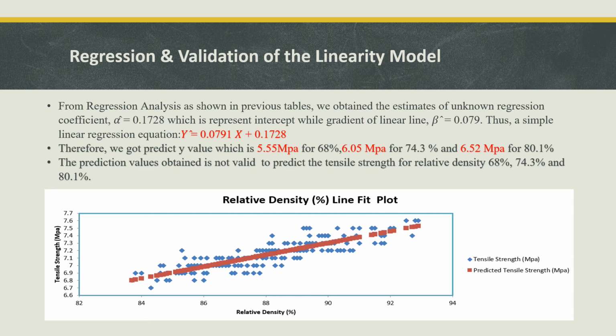However, the linear regression relation cannot be used to find extrapolated points, which means we can only predict y if x is ranging from 83.7% until 92.9%. Therefore, the prediction values obtained are not valid to predict the tensile strength for relative density of 68%, 74.3%, and 80.1%.